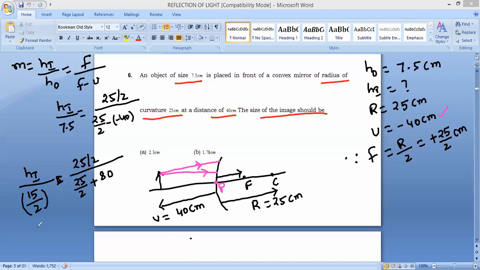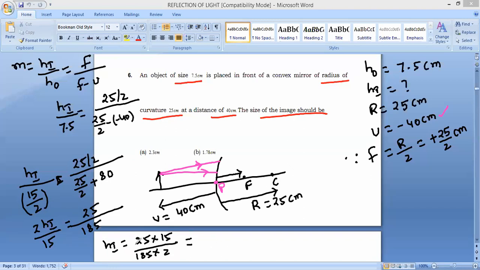So 2hi by 15 is equal to 25 plus 160 plus 25. That is 185. So hi is equal to 25 into 15 by 185 times 2.